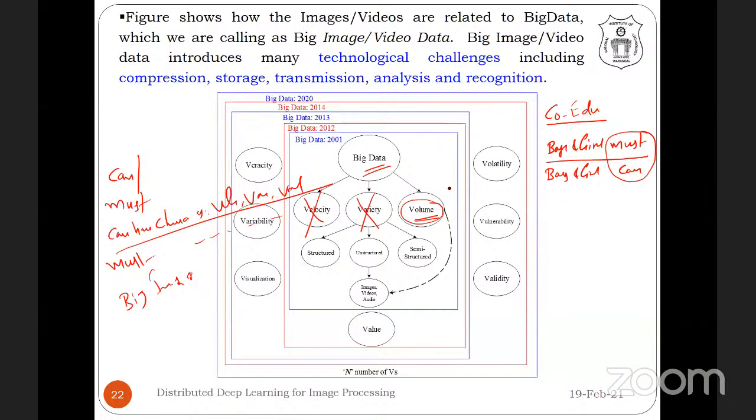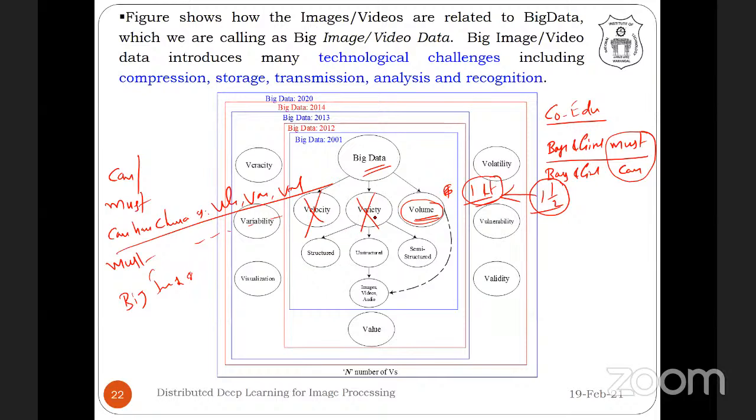Volume in the sense, once again, that which can't be handled by one computer, because that 1 liter water bottle, now you are supposed to handle 1.5 liter. That means somebody has given you more volume than what you can handle. Now how to handle it? So that's why only the volume characteristic of the data is considered in our entire processing.